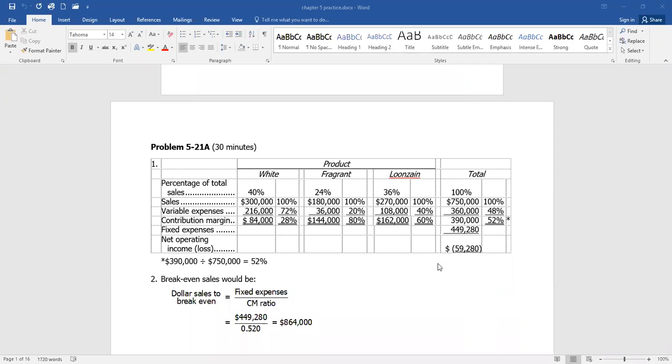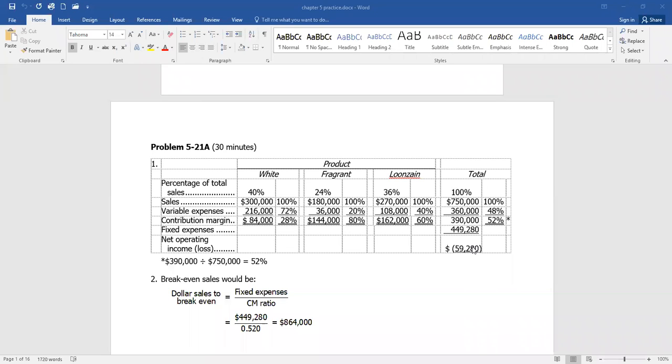They compute their dollar sales to break even to be $702,000. As shown by these data, net operating income is budgeted at $30,720 for the month and break-even sales at $702,000.